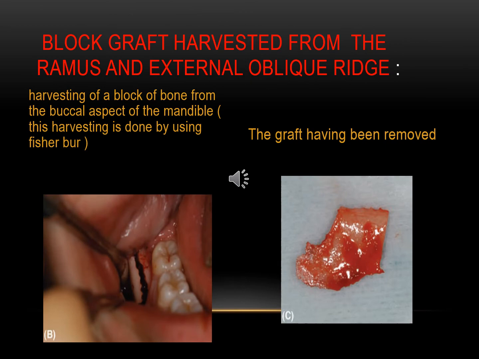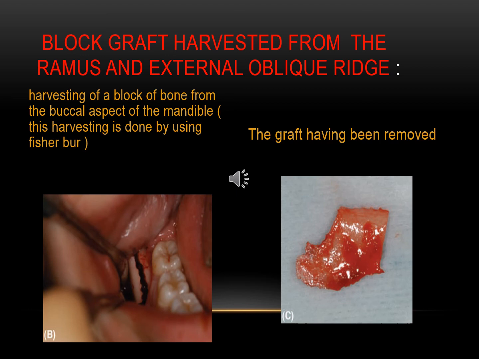In the picture, you can see the outlining of the bone graft using this. In this picture, we used the surgical burrs for outlining of our cutting.